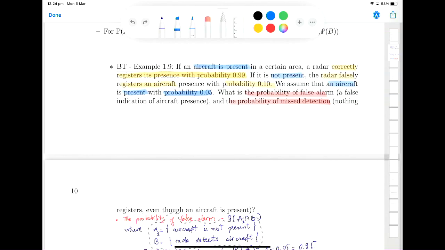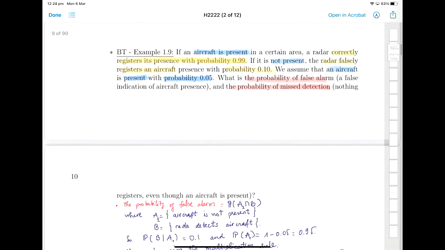What can I get from the problem? If you look at the second sentence, if the aircraft is not present, then the radar registers an aircraft present with a probability 0.1. So the probability of B given A1 is 0.1, right?